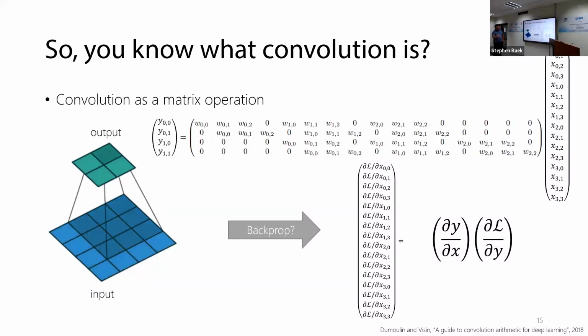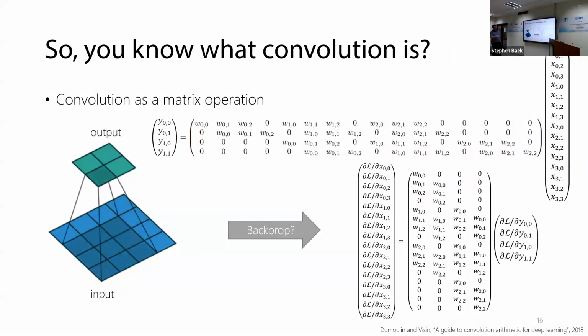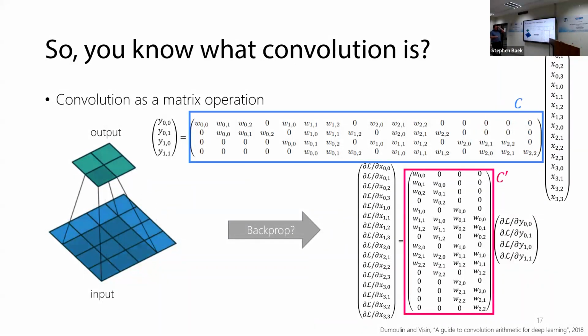And in the same way, we can basically calculate the Jacobian, partial Y over partial X. And if you do that calculation, you will realize the Jacobian is nothing more than the transpose of the original matrix over here. So if we call this entire thing a matrix C, then this guy over here is nothing more than the transpose of the original matrix C. And in fact, for backpropagation of a convolution layer, this is sort of what happens.